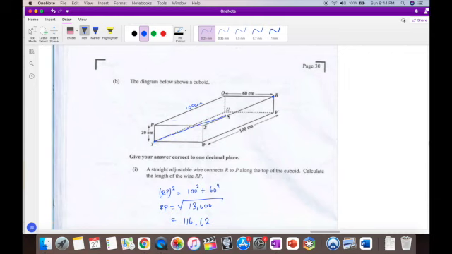This thing is going across the center of the room, and we did a question exactly like this in class. So we know this length here is 116.62. We know over here is 20.